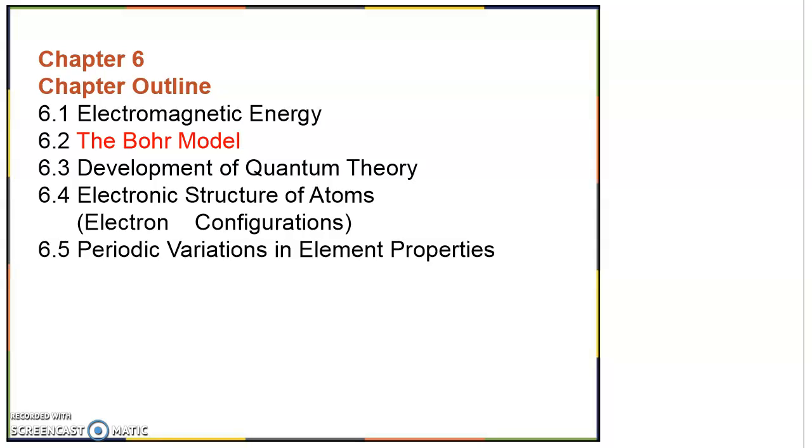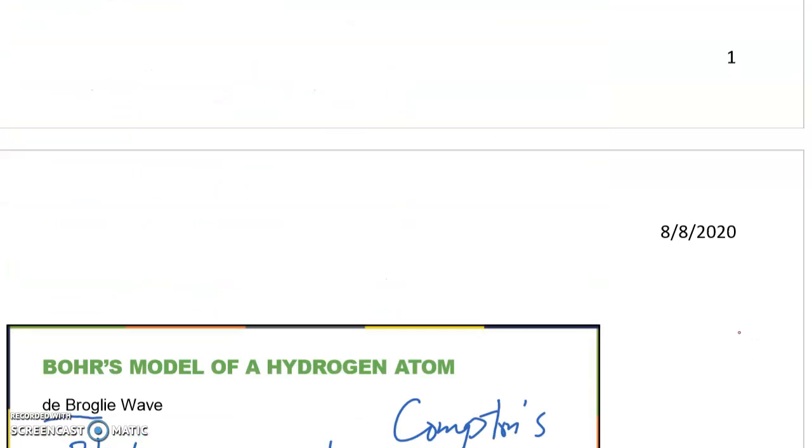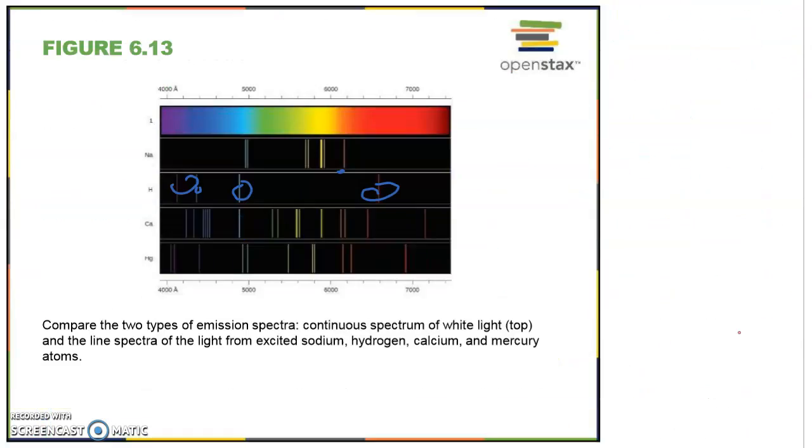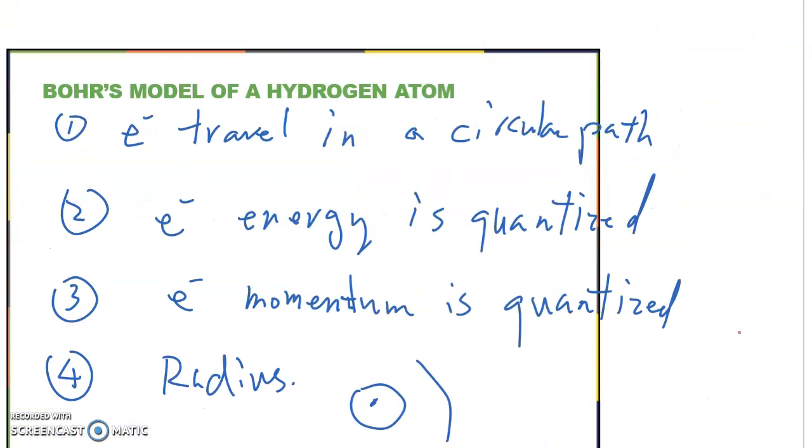In this video, we are going to continue our lecture on the Bohr's model. From the last lecture, what we have learned about the Bohr's model is, here's the summary. Number 1, electrons travel in a circular path surrounding the nucleus.